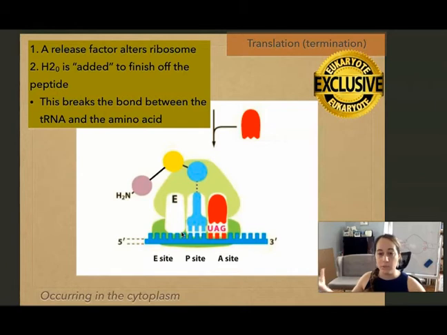They're all going to go their separate ways. The peptide chain is going to go and be folded appropriately. The tRNA is going to go off and be recharged by tRNA synthetase. The release factor is going to float around until it's needed by another ribosome, and the mRNA can be translated again, or it might be degraded.